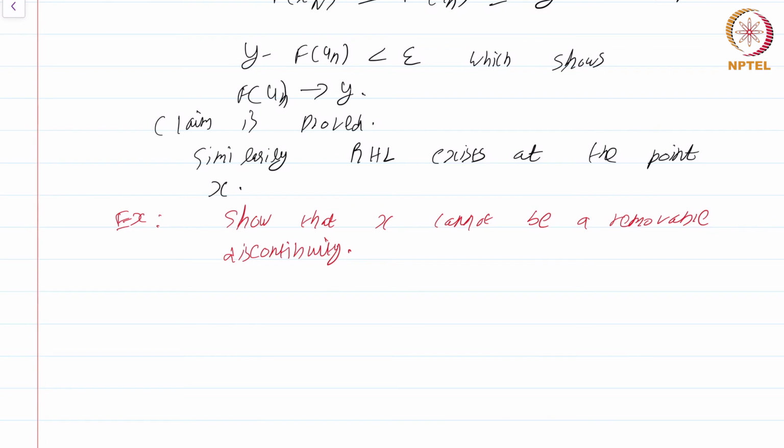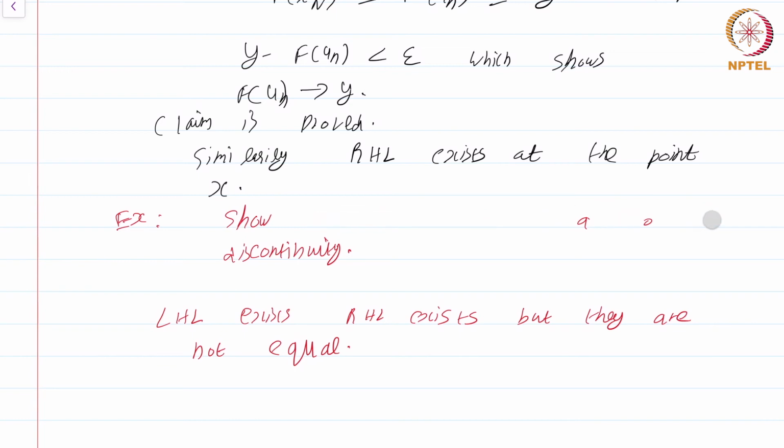That means the left-hand limit exists, the right-hand limit exists, but they are not equal. Let me rephrase this exercise in a slightly more palatable form.